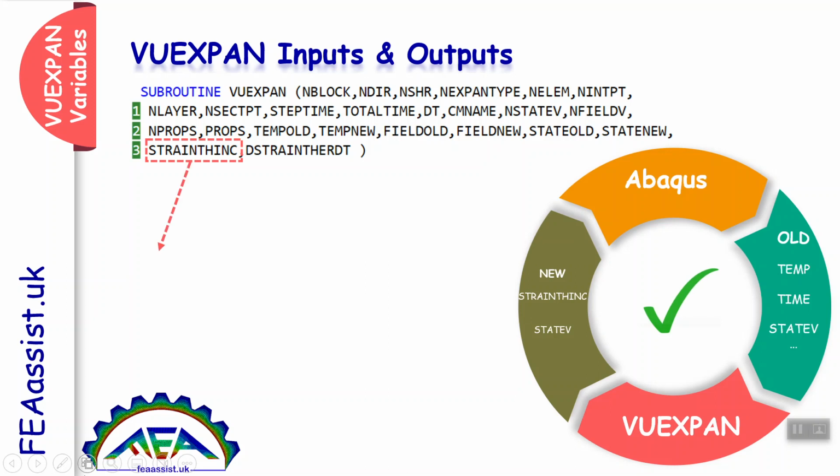Strain thermal increment: delta L per L0 equals thermal expansion multiplied by delta T. So this thermal strain needs to be written and defined in the VUexpand subroutine.